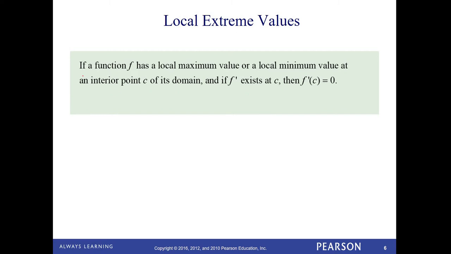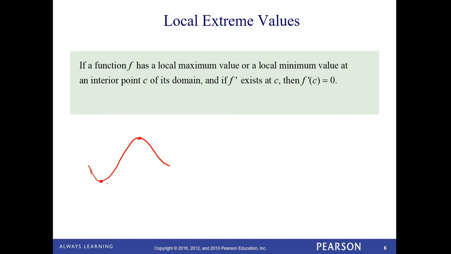Local extreme values: if a function f has a local maximum or local minimum at an interior point, and if f prime exists there, then f prime of c is 0. So that's the case when we're looking at a particular min or max in a particular area.